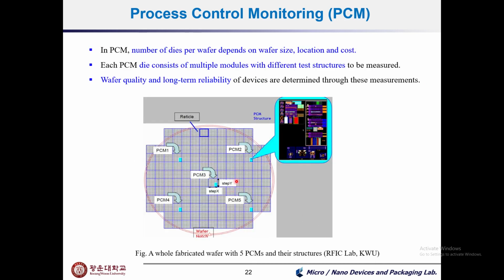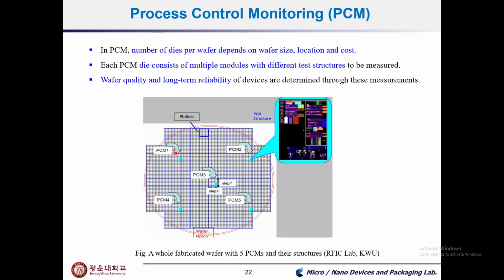In this case we can see the wafer fabricated at the RFIC lab, Kwangwoon University, which includes 5 PCMs over the single silicon wafer at different locations, and their PCM structure.